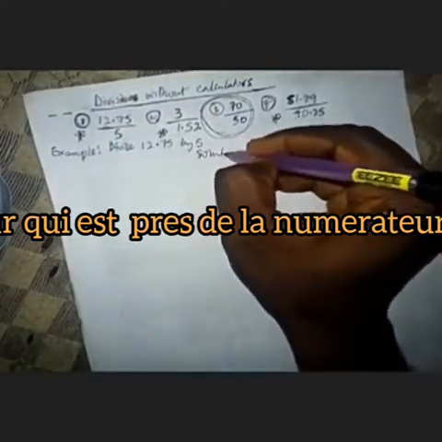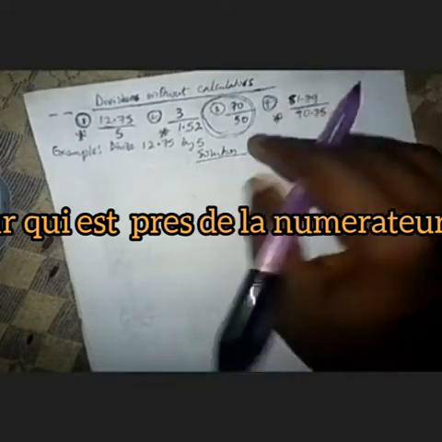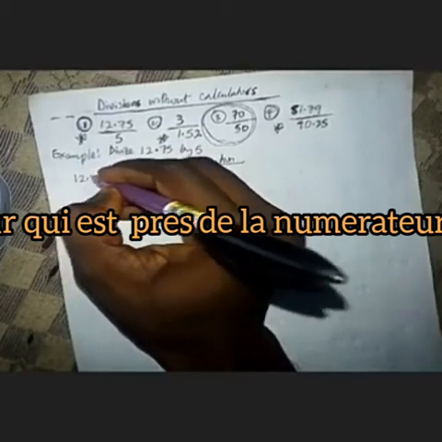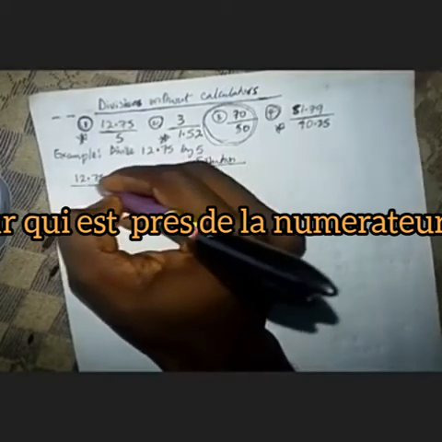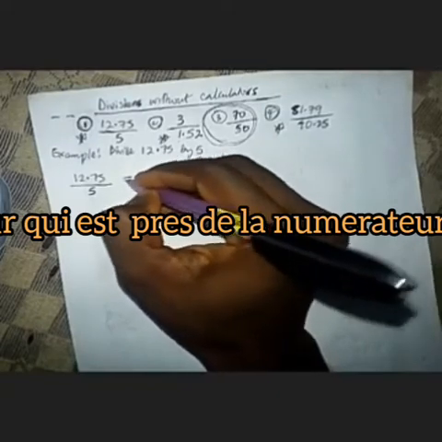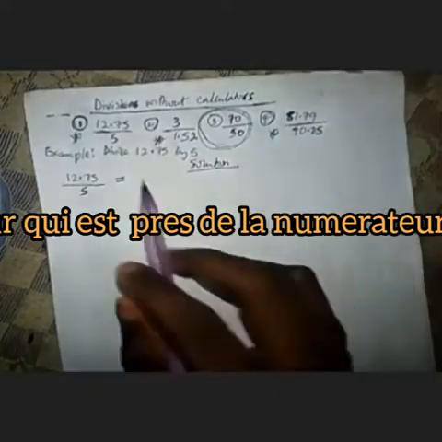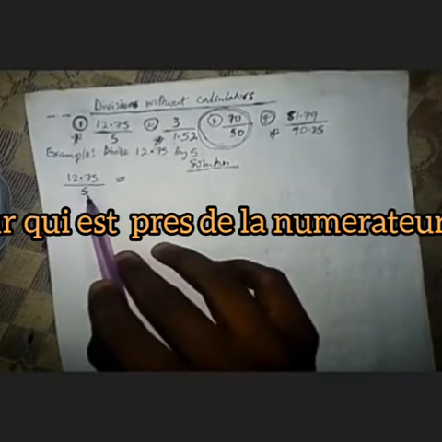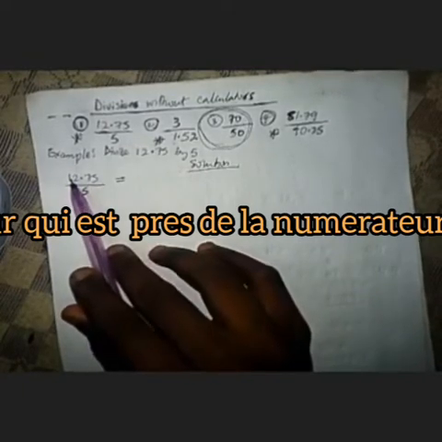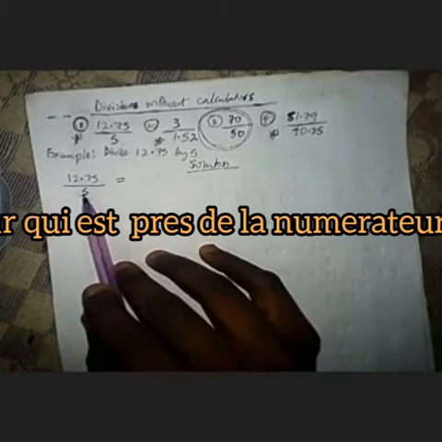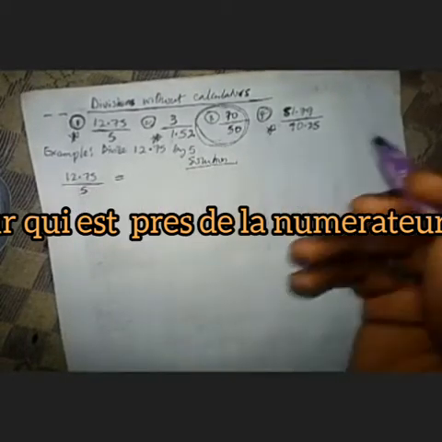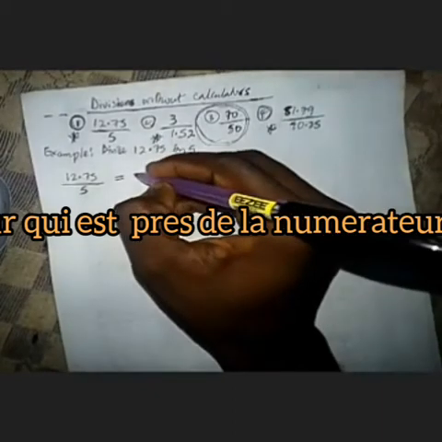So solution, 12.75 divided by 5. What you are going to do is look for the multiple of the denominator that is close to the numerator. Multiple of the denominator very close to the numerator, and that is nothing but 10.